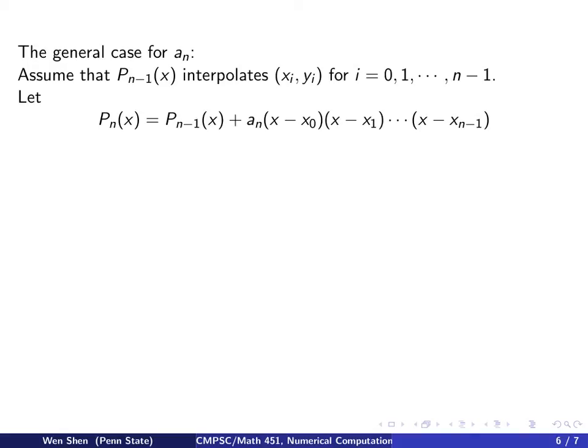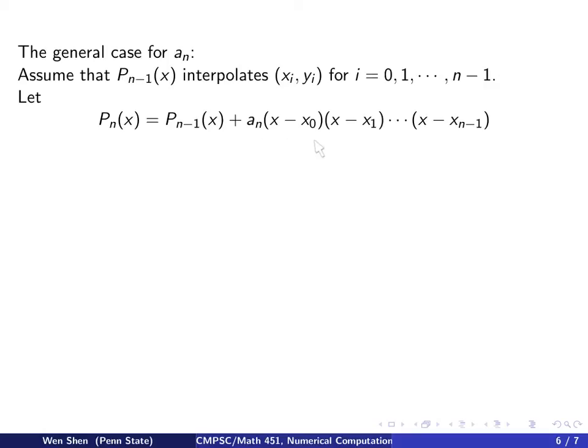Now let's look at the general case for an. Assuming that Pn minus 1 interpolates n points for i from 0, 1 to n minus 1, we want to construct the polynomial Pn using Pn minus 1 and add on top an additional term that takes this special form.